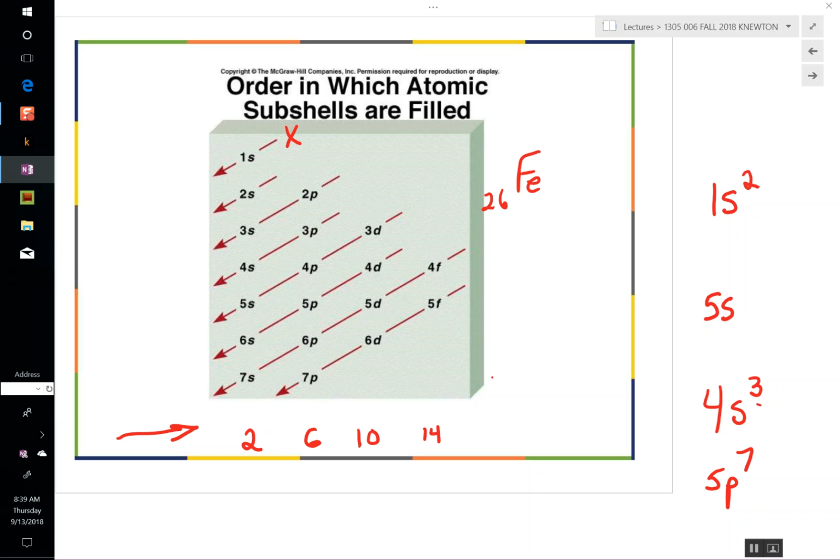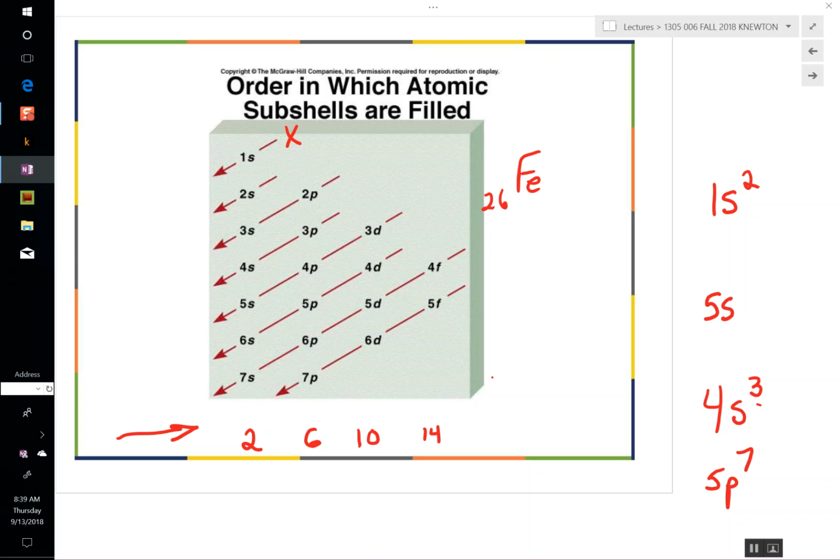Let's see. Okay? So we got 37. So we're going to have a 1s2, a 2s2, a 2p6. Follow me right down through there. We're going to have a 3s2, a 3p6. We're going to have a 4s2, a 3d10, 4p6.